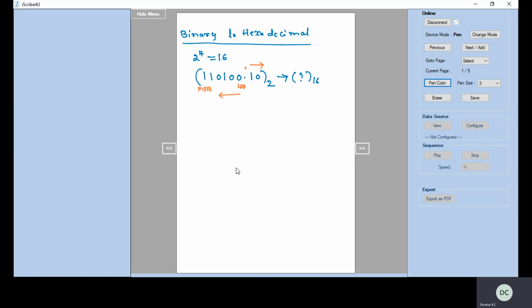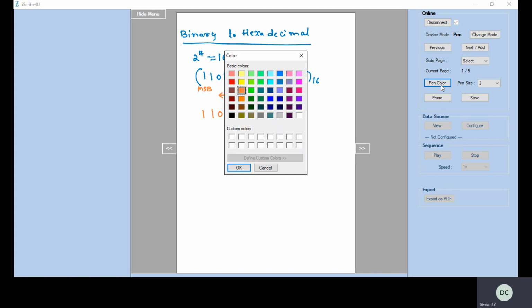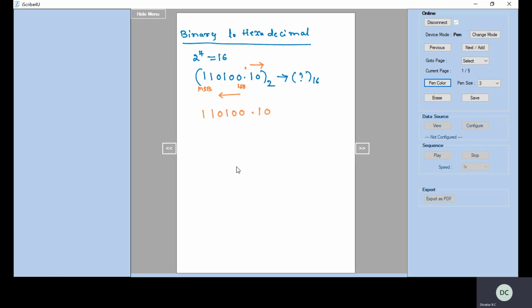Group 4 bits. Once again, rewrite the given binary bit pattern 110100.10. If the number of bits are less than 4, add zeros. Group 4 bits. Again, only 2 bits are there, so add zeros.